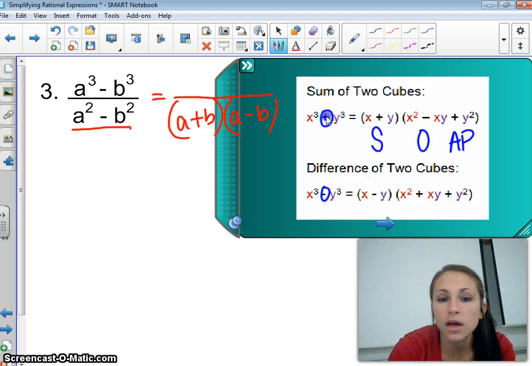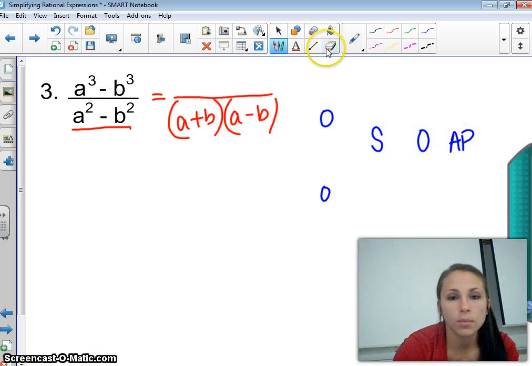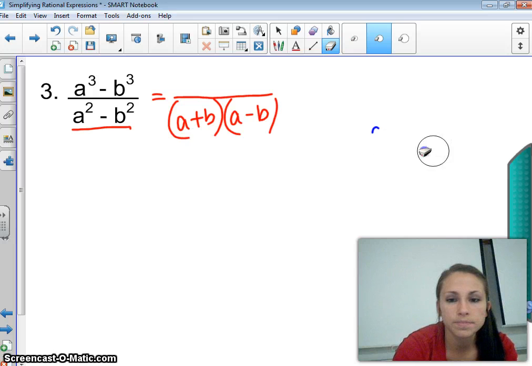You can see that our original here was a plus, and so this is the same, which is plus, opposite, which is minus, and then always positive. And then if we have a difference, which is what we have, the first sign will be the same, which is minus, second sign is opposite, which is plus, and the last sign is always positive. So these are the formulas for sum and difference of cubes, and that's what we're going to use in the top.